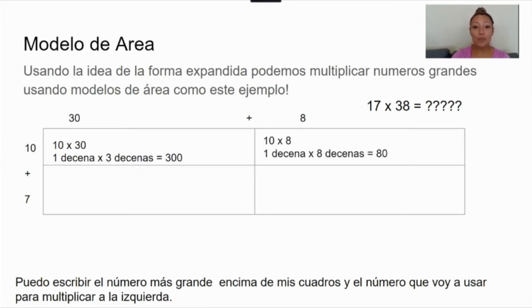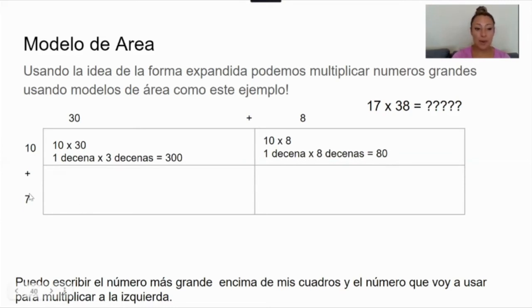Estoy usando los números de arriba y primero en esta fila estoy solo usando el 10 para multiplicar con los números de arriba. Entonces aquí multiplico 10 por 8 o una decena multiplicado por 8 decenas. La respuesta me da 80.